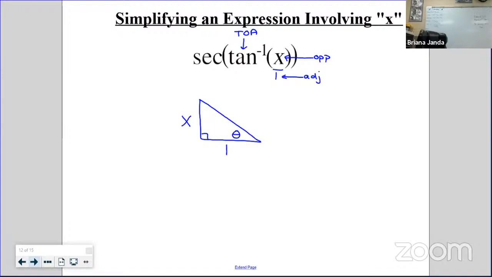Now, look at how our Pythagorean theorem ends up with a variable in it. To find our missing side, which I'm going to call question mark for right now because a bunch of variables gets confusing, I'm trying to find the hypotenuse. So when I set up my Pythagorean theorem, we've got leg squared plus leg squared equals hypotenuse squared.